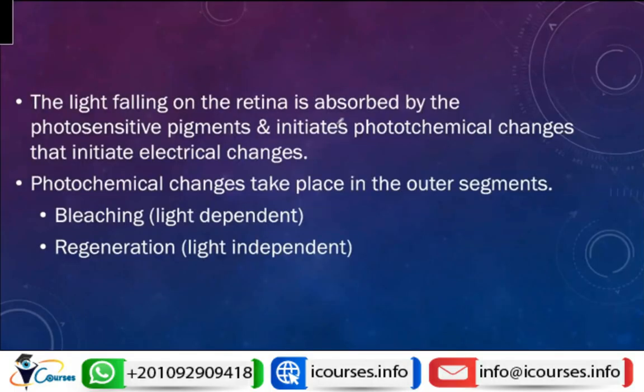The light falling on the retina is absorbed by the photosensitive pigments and initiates photochemical changes that will initiate electrical changes. This is what's called the visual cycle. We have visual pigments present in the photoreceptors.